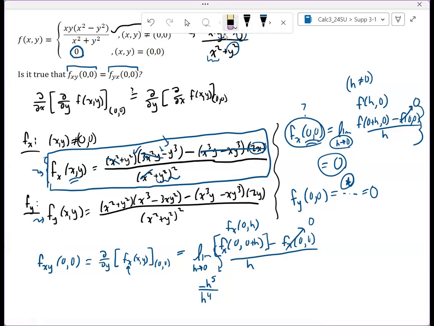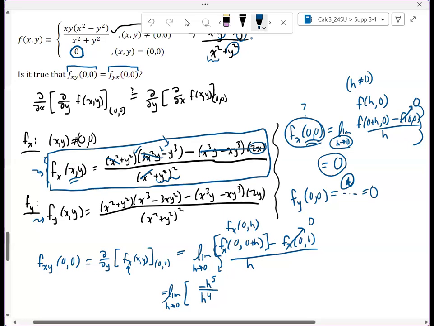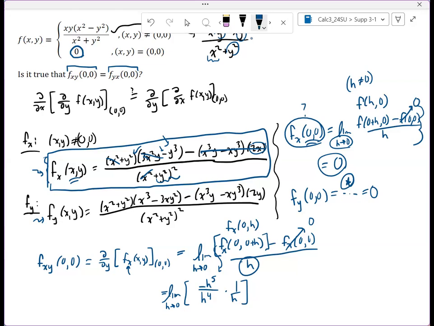Let me move my equal sign a bit to the left to squeeze my limit in here. And I still have a 1 over h floating around: this minus h to the fifth over h to the fourth is just what fx of 0, comma h gives me, and then times a 1 over h.